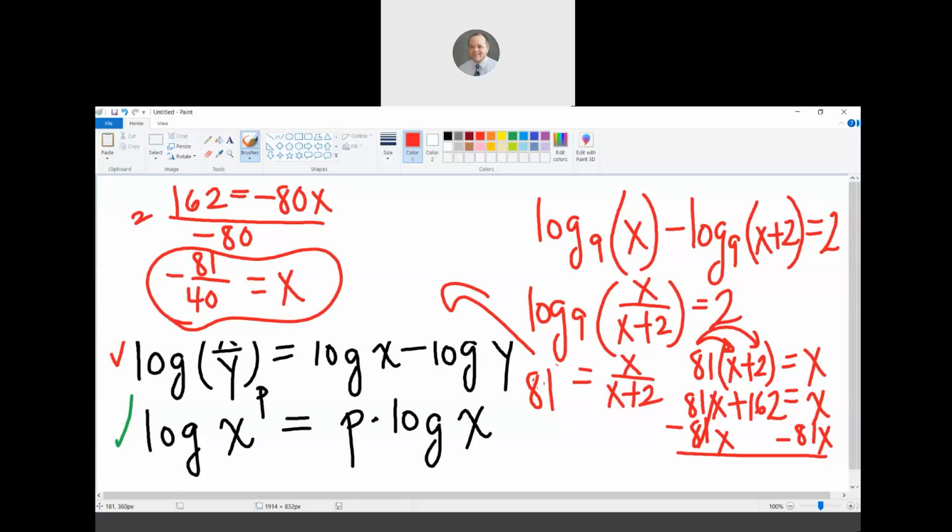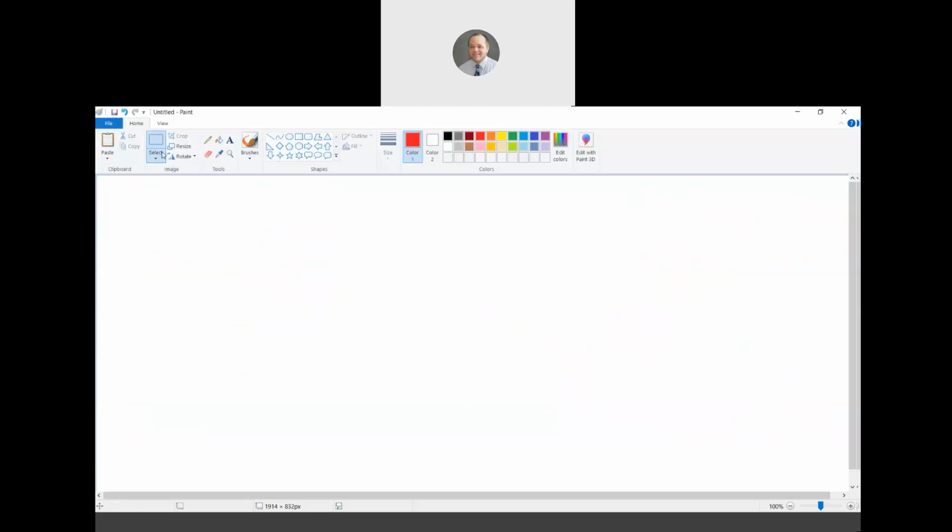I want to revisit exponential equations and talk about what you would do if you could not get each base to be the same. So let's look at a few.